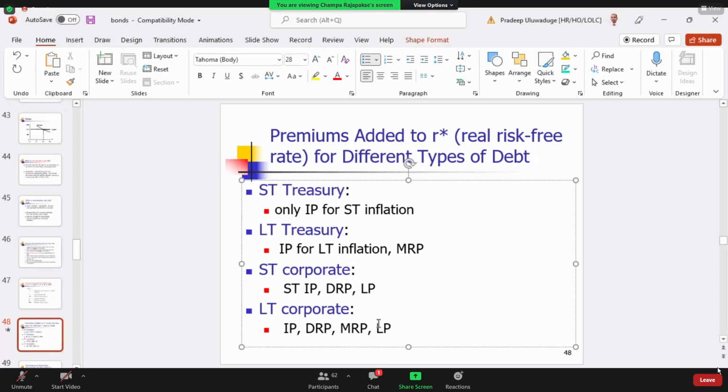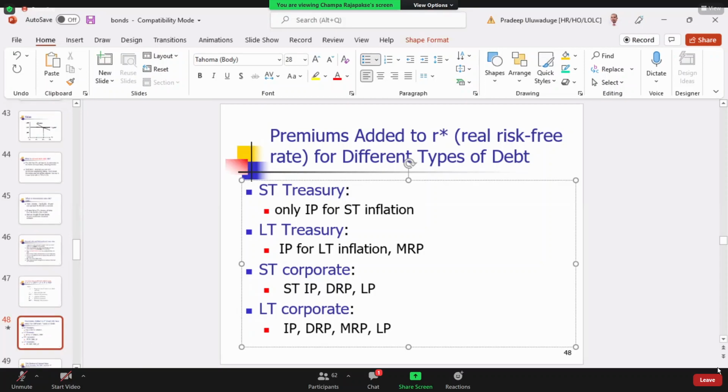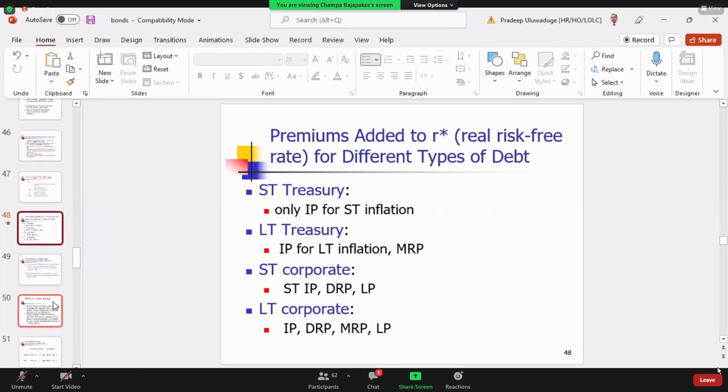How strong the company's instruments are, like how quickly you can convert them into cash, represents the liquidity premium. So these are different types of rates, and to the real rate, different components are added depending on the type of the security.